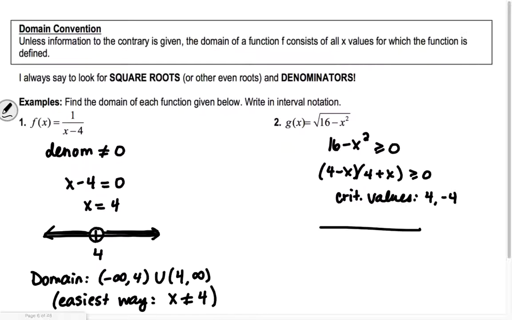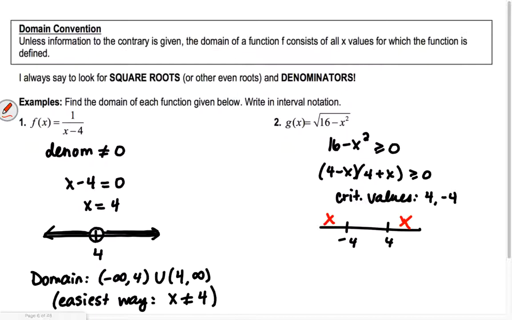So on our number line, we would put in negative 4 and 4, and we would test on each side of those numbers, which is what we just did in words, right? Anything bigger than 4 was bad, so you can put an X there. Anything less than negative 4 was bad as well. If I plug in negative 5, I have 16 minus 25, that's negative.